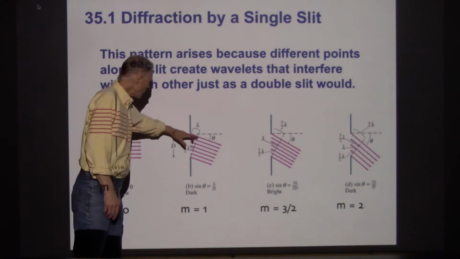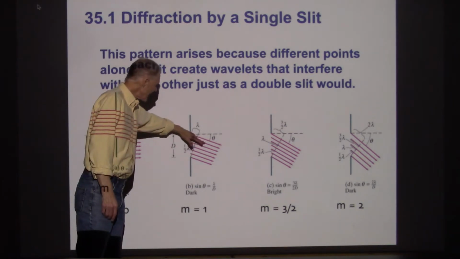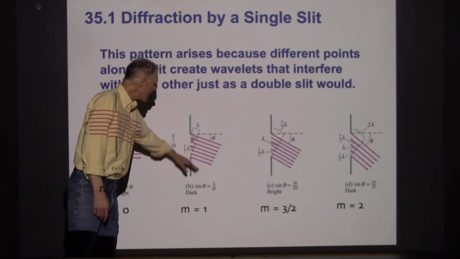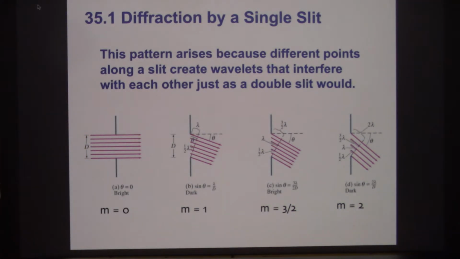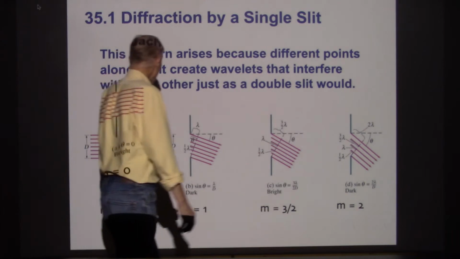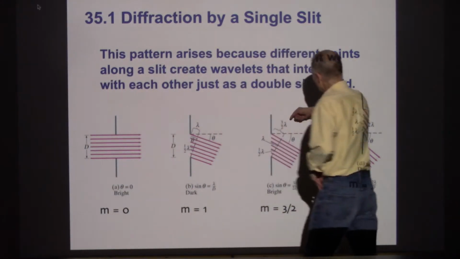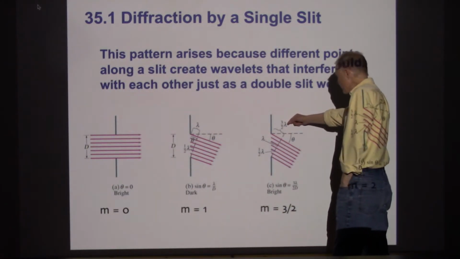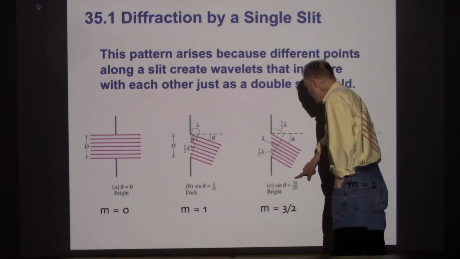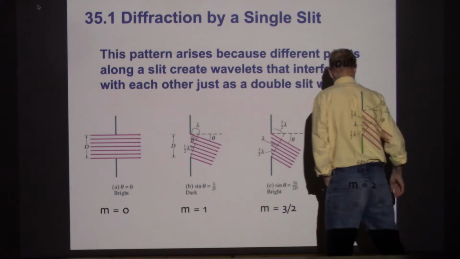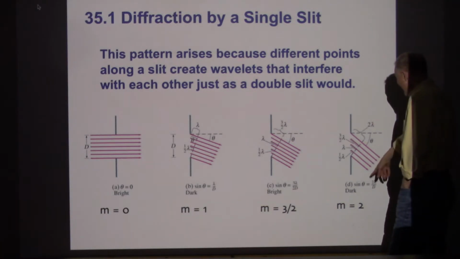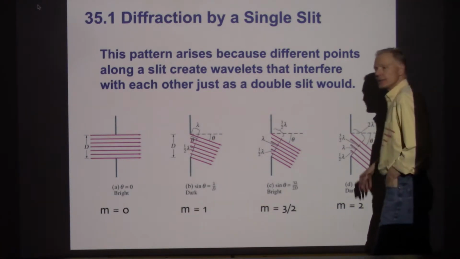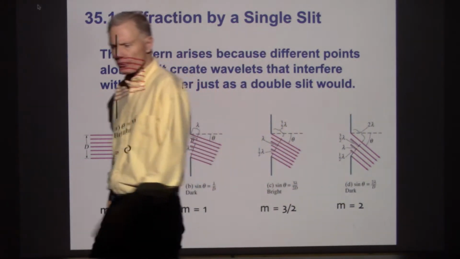But if I now break open that barrier and include all the intermediate paths, now I get a 0 because I'm going to get complete destructive interference. Now, that was a full wavelength. What happens when I get to 3/2 of a wavelength? That puts me pretty close to being bright again. And then when I get to 2 full wavelengths, I'm back to where I have complete destructive interference.